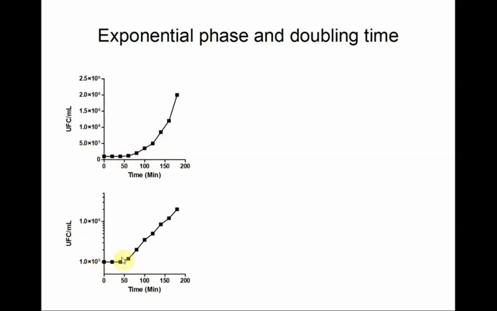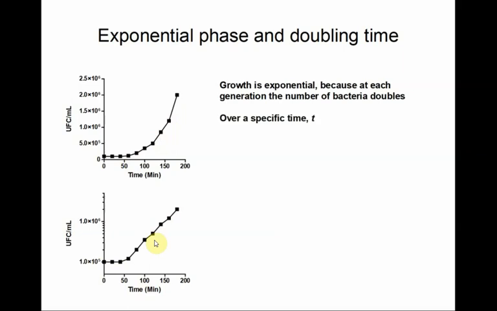Okay. So once you're in the exponential phase, then you can try and determine the doubling time of the bacteria, the time required to double the number of bacteria. So how do you do this?